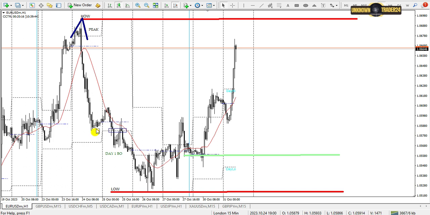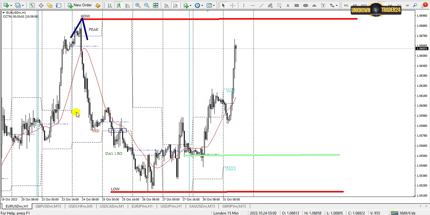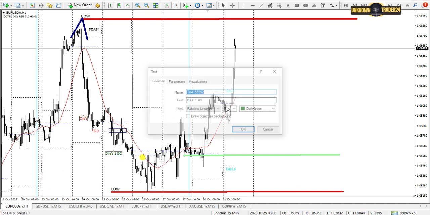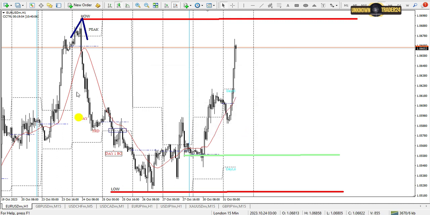We know a first red day is just day one, provided that if it breaks, then we have a day one of breakouts in the market. However, if it doesn't break, it becomes just an ordinary day one. So this is day one, and there is a peak formation, so do not counter trend the peak formation.